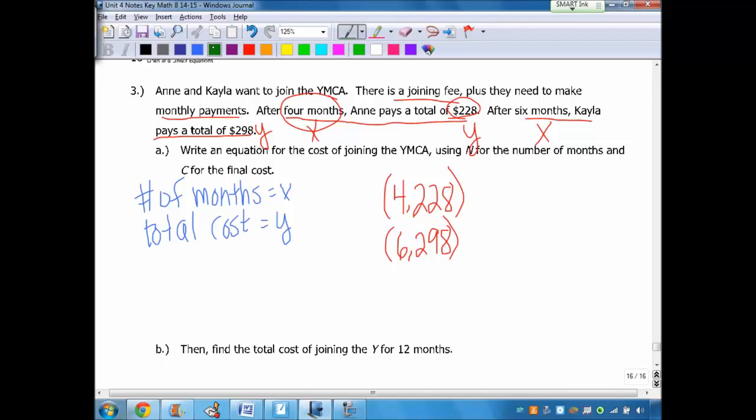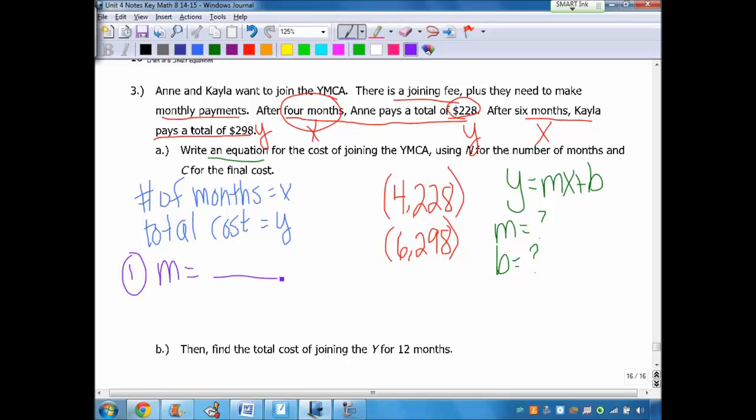Now, in order to find an equation, you need y = mx + b, which means you need to figure out what the slope, what the rate is, and you also need to find out what the y-intercept is. To find the slope, that's easy. We just use the slope formula. So step one, find the slope. m = (y2 - y1) / (x2 - x1).